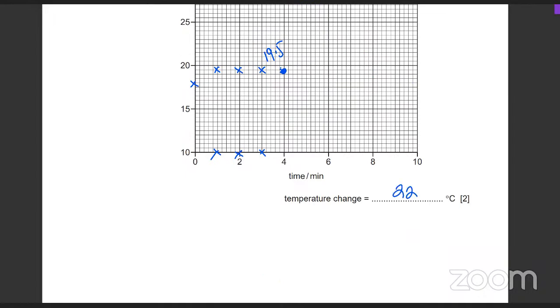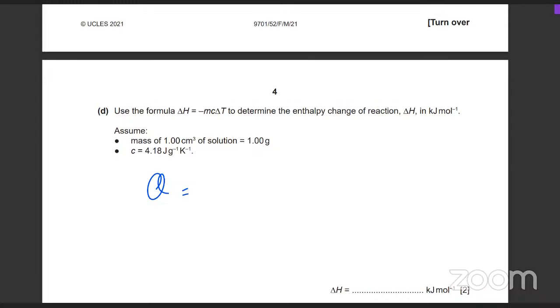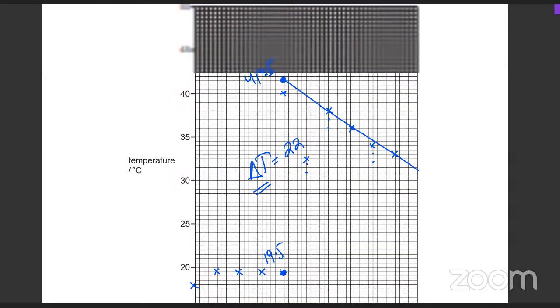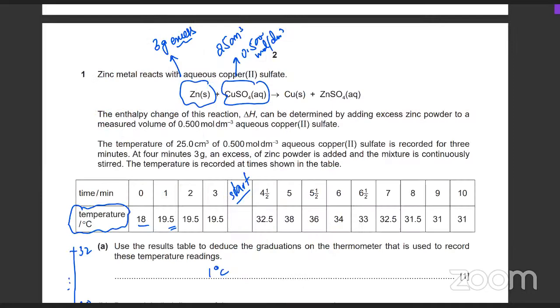The next thing is he's asking you to use the formula minus MC delta T to determine the enthalpy change of the reaction. So Q is equal to MC delta T. The mass of the solution is the total volume of the solution. So the total volume of the solution that we have is 25 cm cube. Right at the beginning, that is the amount of solution that we had added over here.